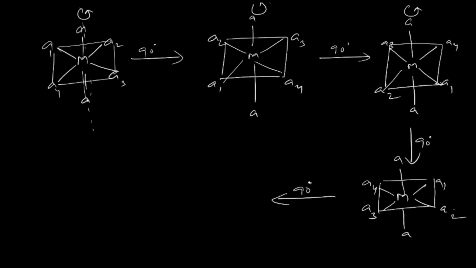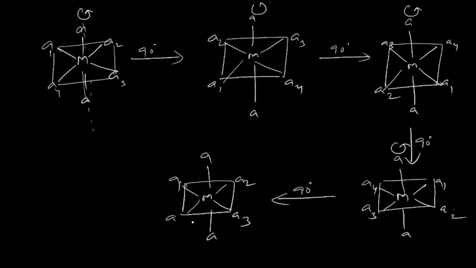Now again a 90-degree rotation. Now what is happening? So with this rotation, A1 will come here. Now you see A1 is coming here in the same position, A2 is coming here, A3 is coming here, A4 is coming here.